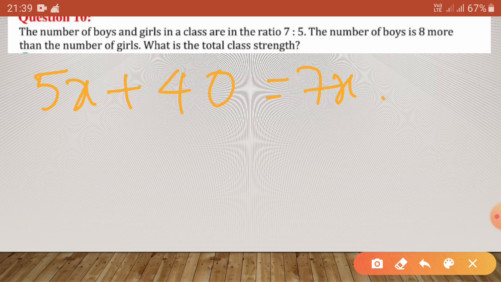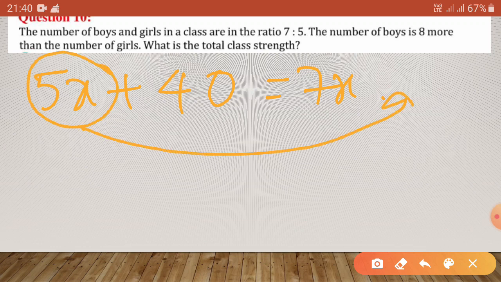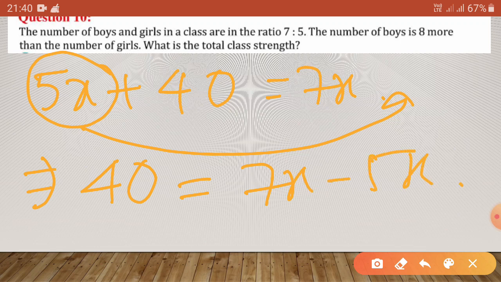Okay, so one thing we can do is transpose this value to the right side. So we get 40 on the left side and 7x minus 5x on the right side. Here it is minus 5x because we are transposing the value.